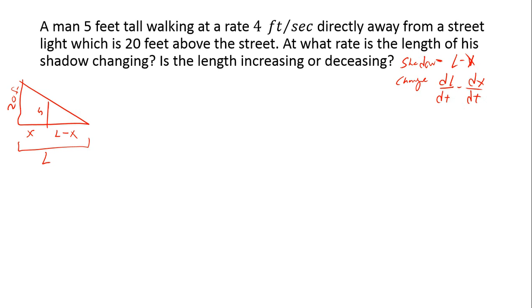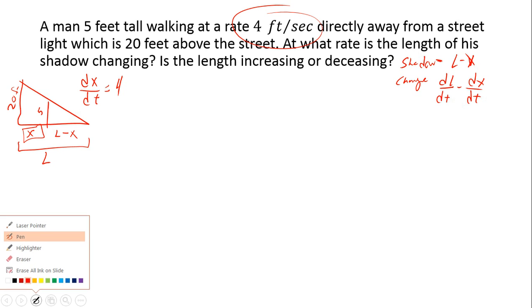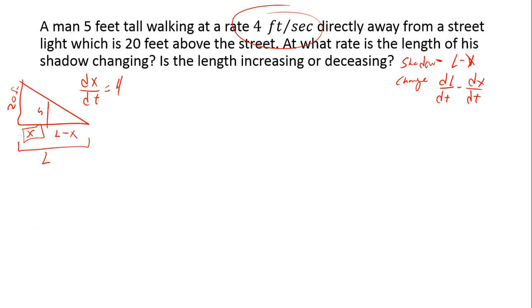Now, the other part that we have is that we know that he's walking away from the light at 4 feet per second, which is actually our dx over dt. So our dx over dt is 4, which is actually this part right there. Now, these images right here are actually similar triangles. And similar triangles are proportional.